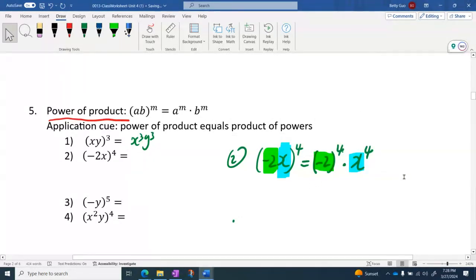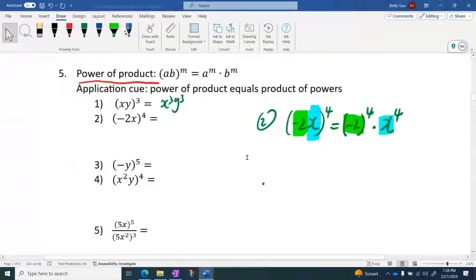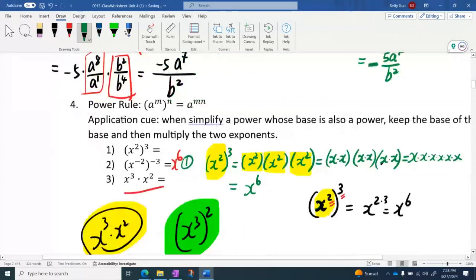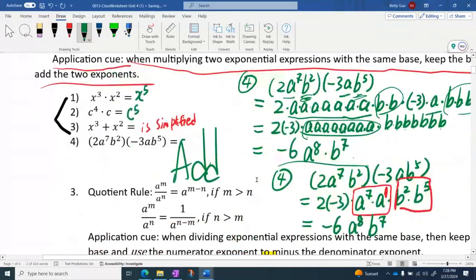What is -2 to the power 4? We had a problem like that earlier, at the very beginning. -2 in the parentheses to the power of 4 equals 16, right?